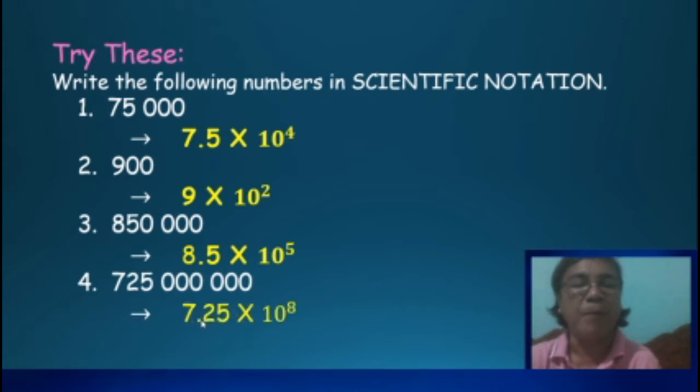It is 7.25 times 10 raised to the 8. We'll do it together. The understood decimal point is here, so 1, 2, 3, 4, 5, 6, 7, 8. And we write there 7.25. We don't need to write the other 6 zeros, since they are insignificant figures.